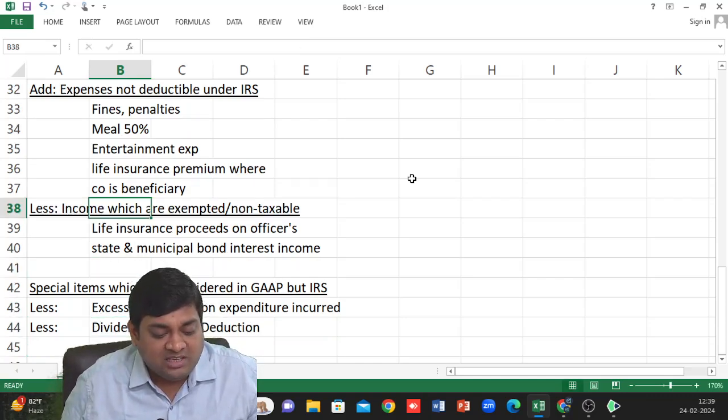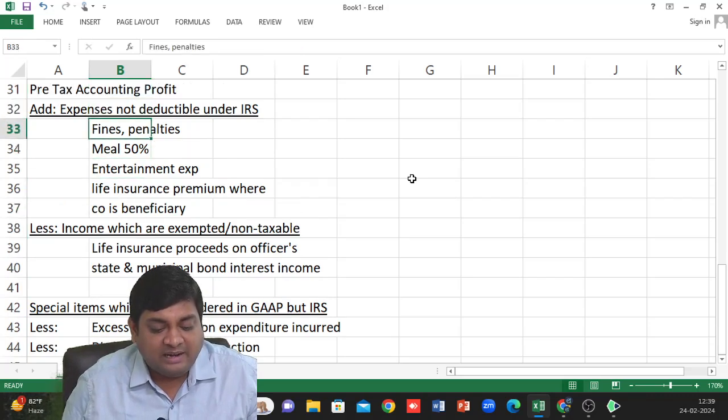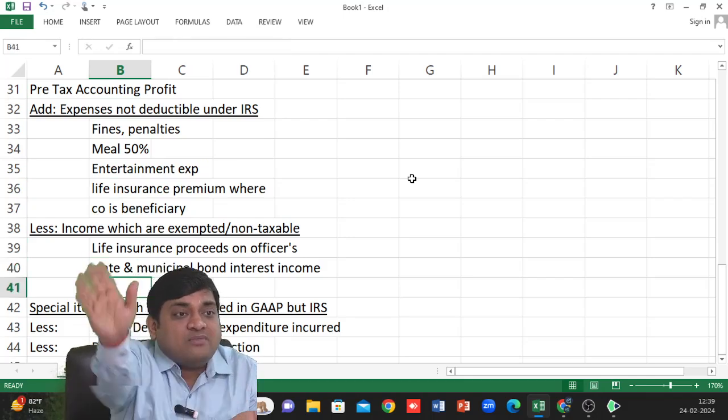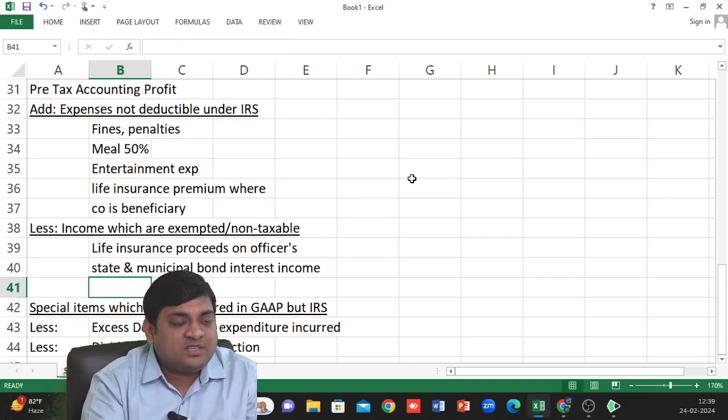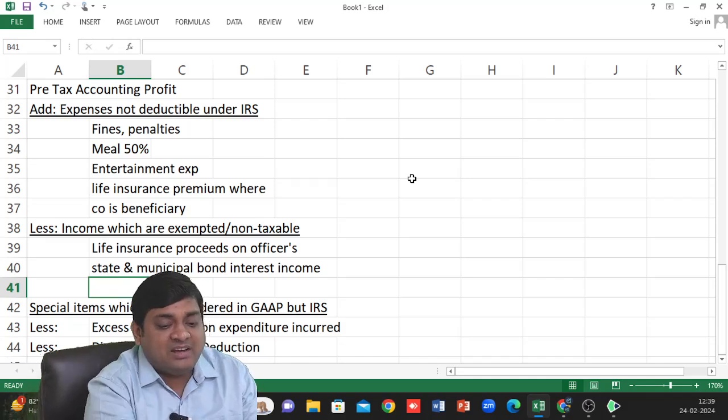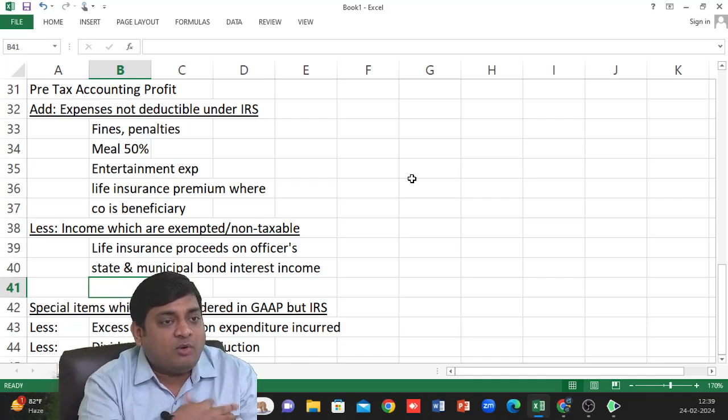So when I do all this activity, I get my taxable profit. So these are those items due to which there will be no deferred tax. Simply it will affect my current tax, as it will never be reversed in future. Now what is reversal?